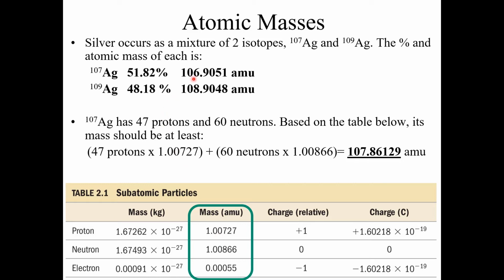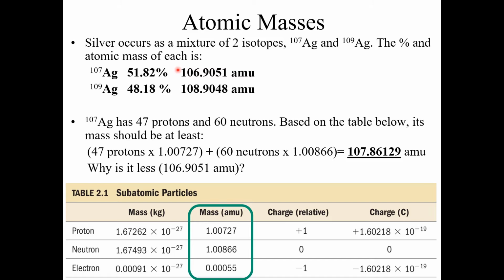Oh, wait a minute. That's not what it says here. It says that a silver 107 atom has a mass of 106.9051 AMUs. In other words, why is it less?